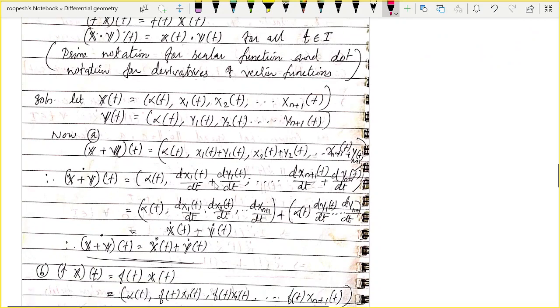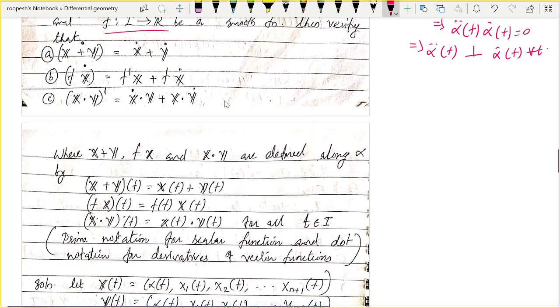So here's the solution. Before that, what are X plus Y, fX and X dot Y? They are defined along alpha by (X plus Y)(t) equal to X(t) plus Y(t), (fX)(t) is equal to f(t) into X(t), and (X dot Y)(t) is X(t) dot Y(t).